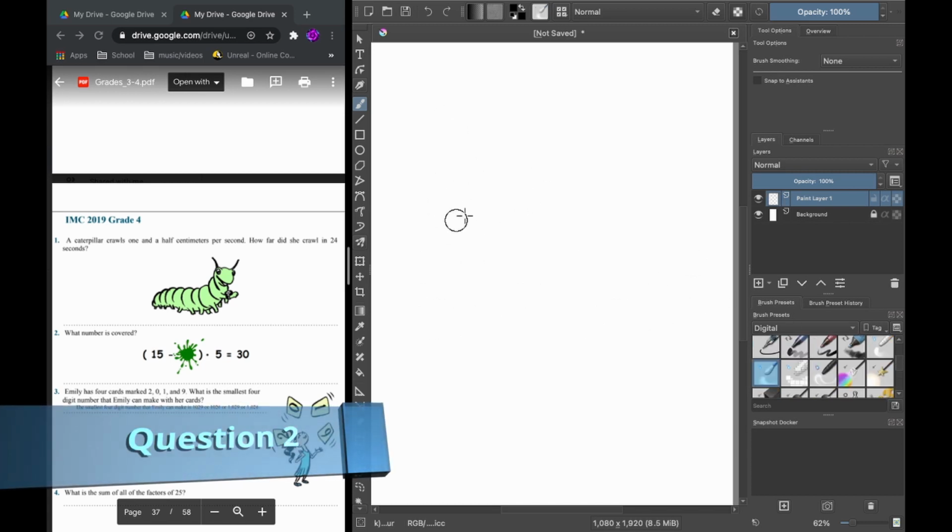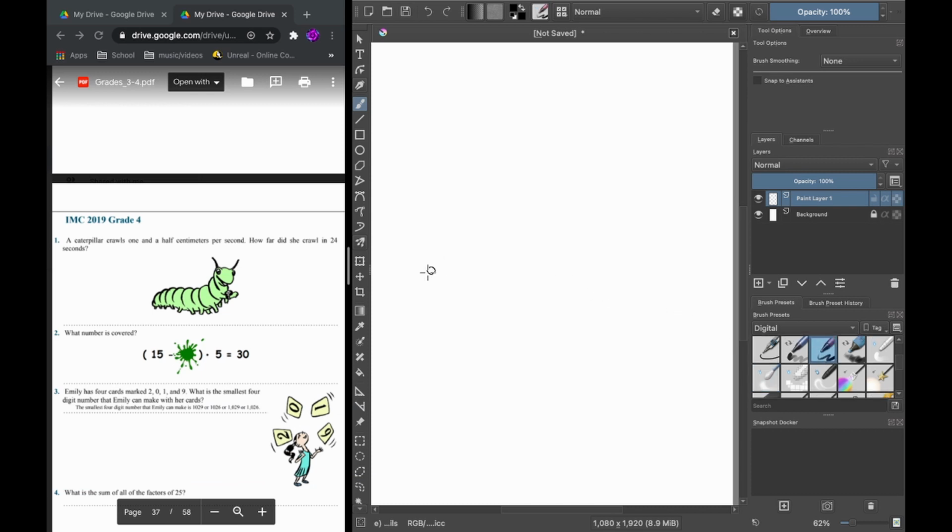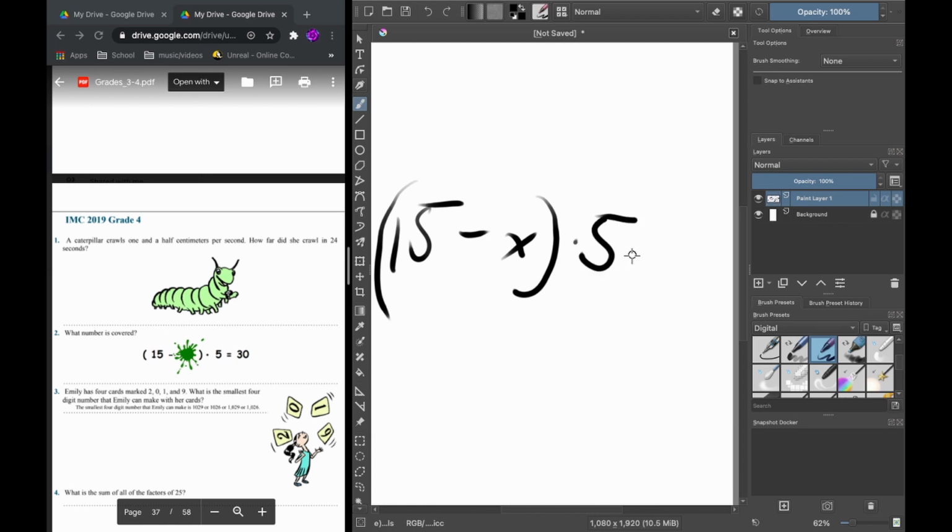Moving on to question number 2. The question is, what number is covered? So first let's write this equation. That's 15 minus x, in parentheses, times 5.